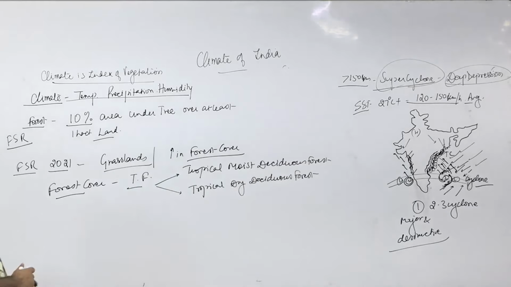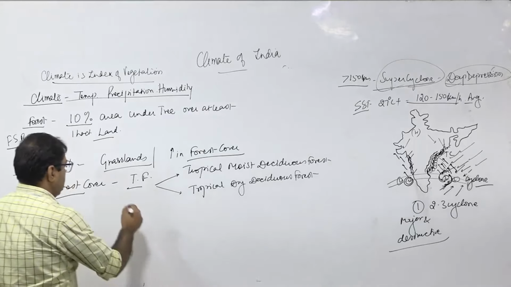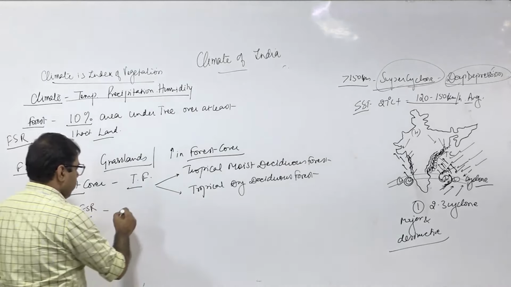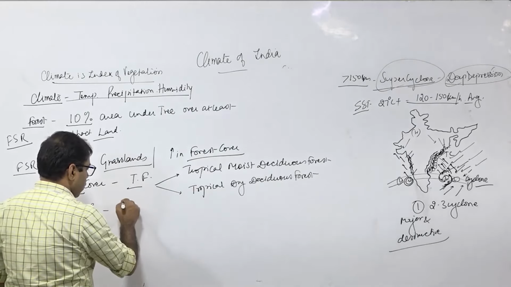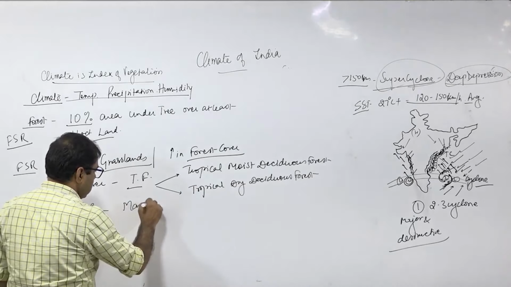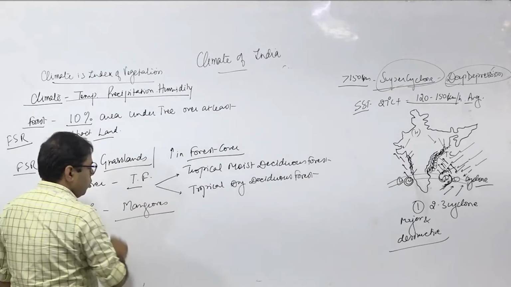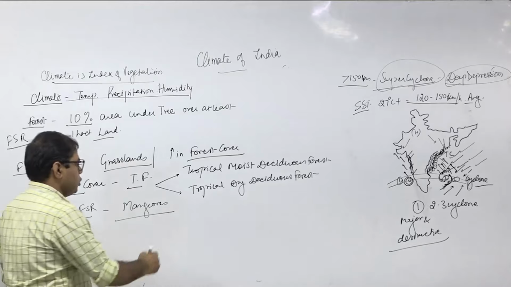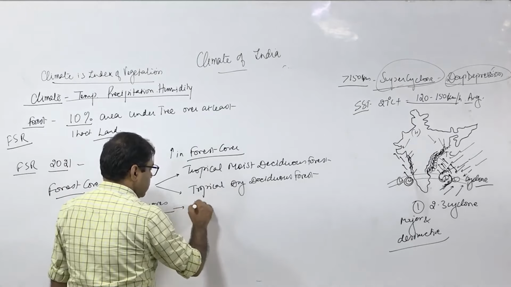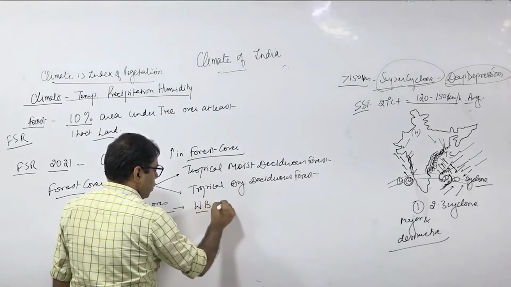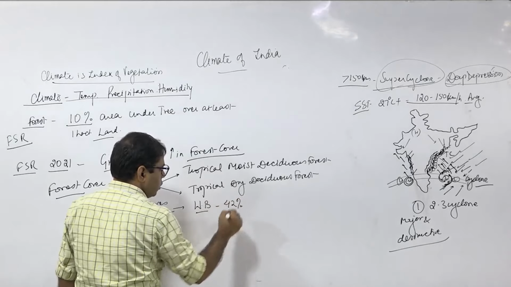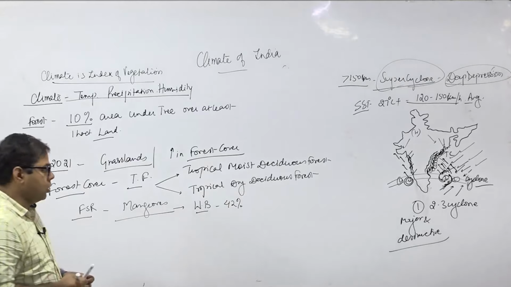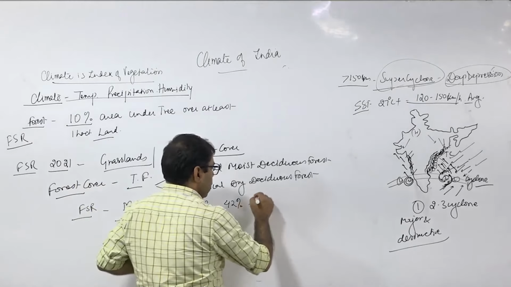Then in the Forest Survey Report, more emphasis has been given to the mangroves. The largest cover of mangroves is in West Bengal, about 42%, over the Sundarban Delta.